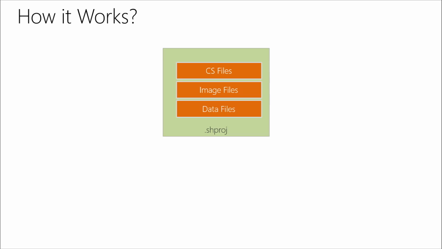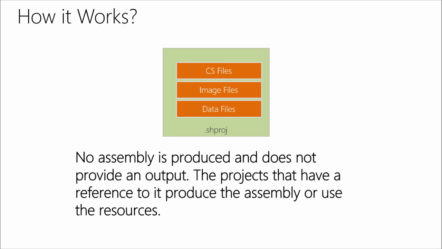All right. So how shared projects work is essentially you have a project type, an SH project. And then you have your C# files in there, your image files, your data files, anything like that is in that shared project. And then no assembly is actually produced.